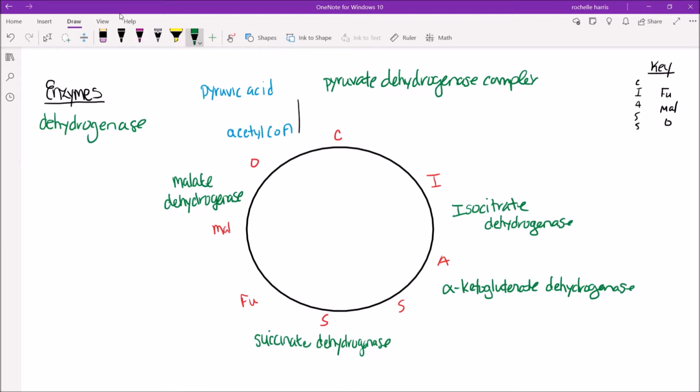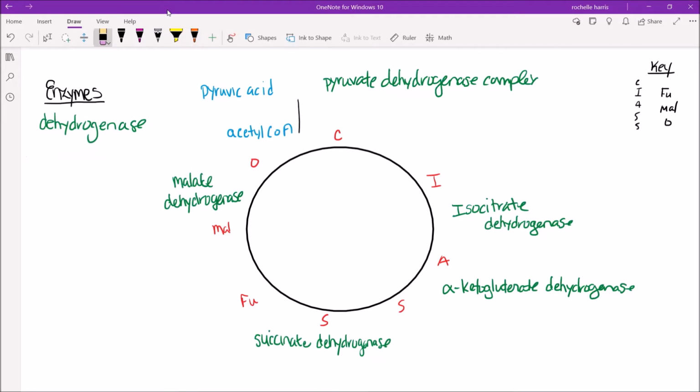Between succinic acid and fumaric acid, we have succinate dehydrogenase. And between malic acid and oxaloacetic acid, we have malate dehydrogenase. So these are our dehydrogenase enzymes.